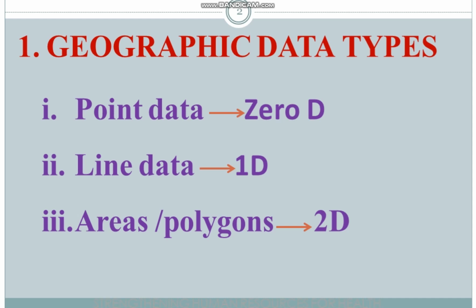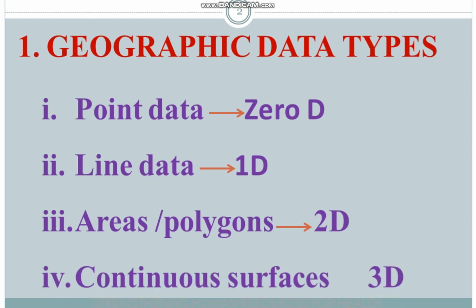So it is 2D, made up of closed lines. They are the most common feature types used in GIS activities. While you are going through the application sessions, you will see how frequently they are used.